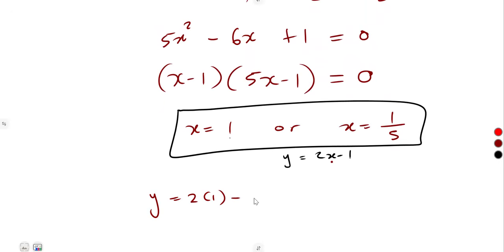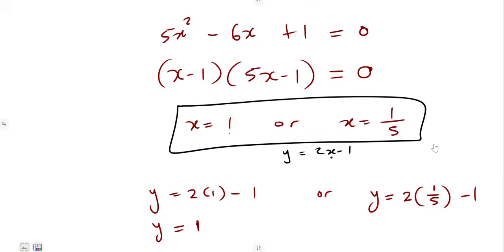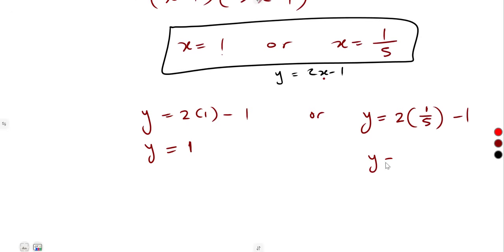2 times 1 minus 1. So y is going to be 2 minus 1, which is 1. Or y is equal to, when x is 1 over 5, 2 times 1 over 5 minus 1. So this was going to give us negative 3 over 5. Just use your calculator on that one.